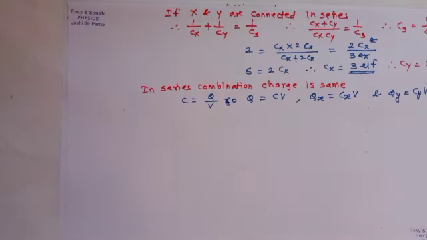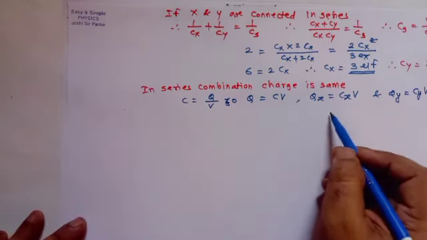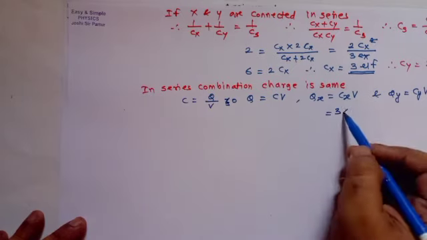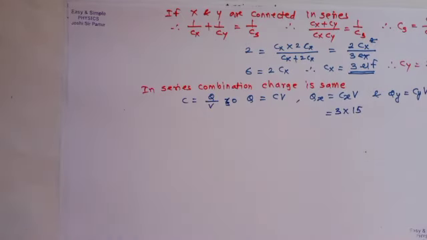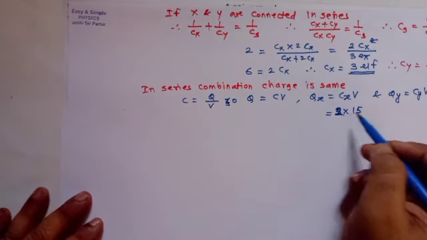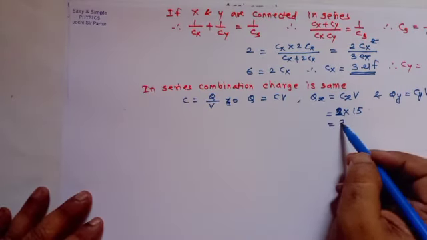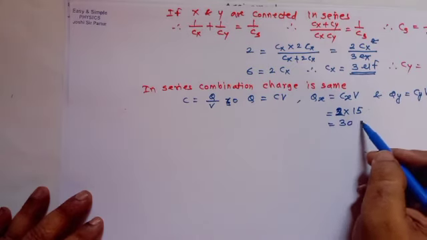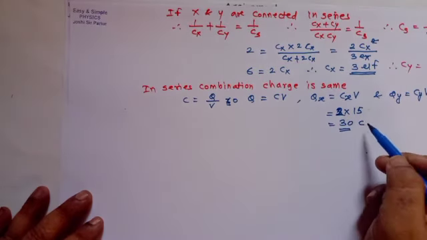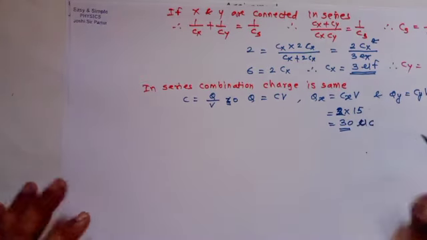So here, if we find the charge, Cx is having value 3 and Vs having value 15. Sorry, Cs is 2 multiplied by 15, that is 30 microcoulomb.